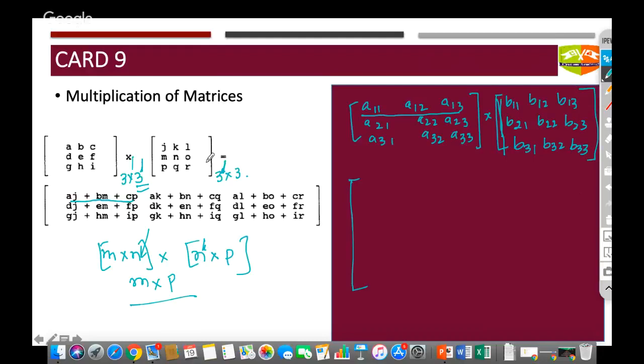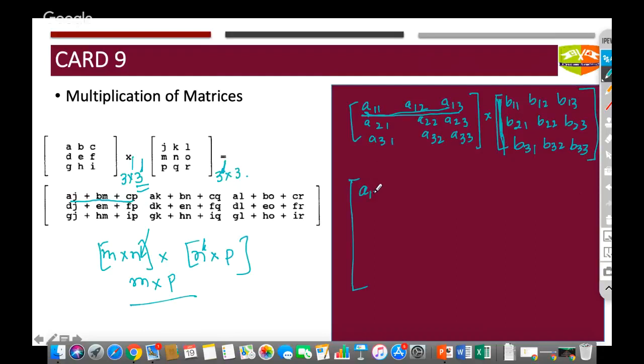First I'm taking this kind of multiplication. See here, I have taken a 3 into 3 multiplication. What I'm doing is taking the first row here and the first column here.